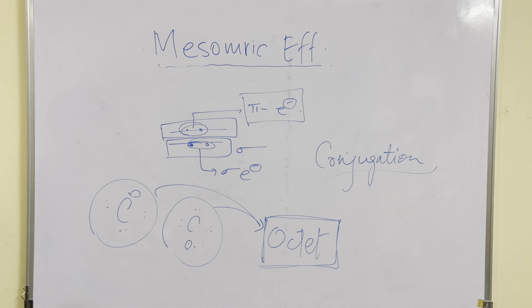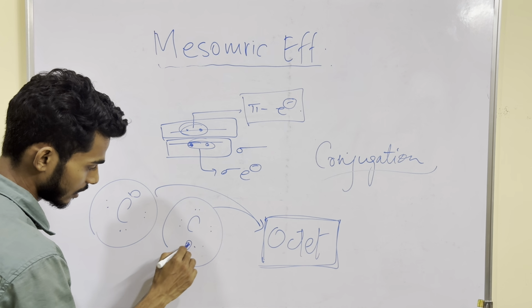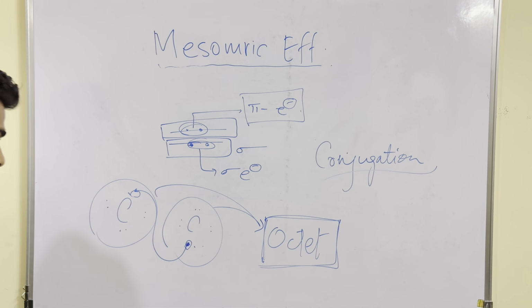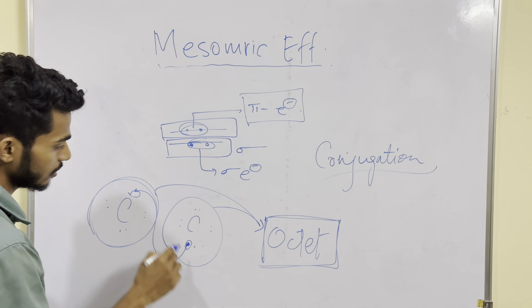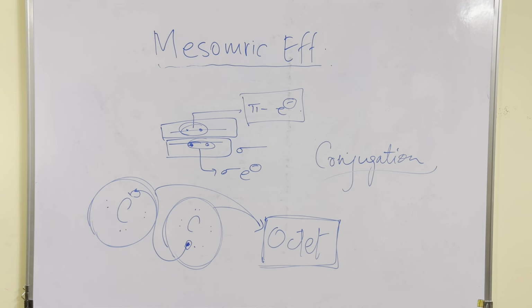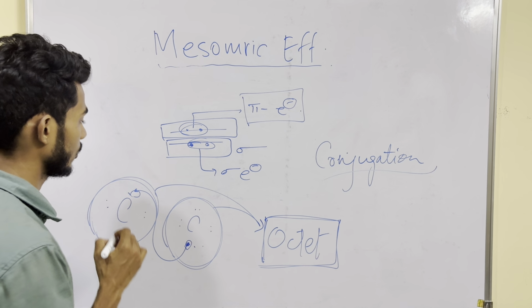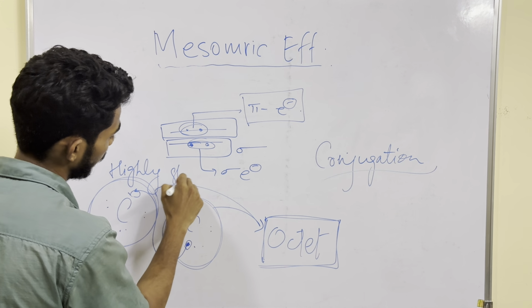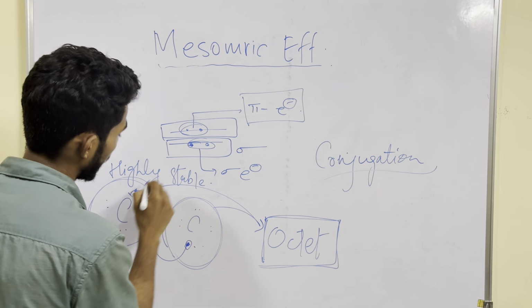In that case, what will happen? This single excess electron will go to that vacant place. So now it will also have 8 electrons, and this one will also have 8 electrons. Ultimately the octet will complete, and when the octet is complete, they will become highly stable, and they will not react further. Why?